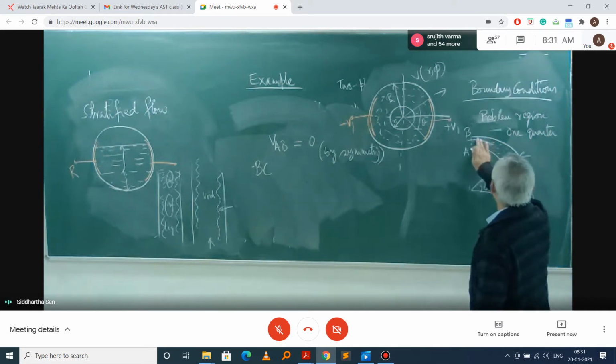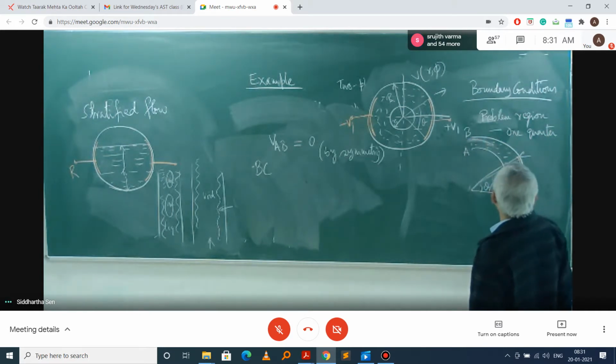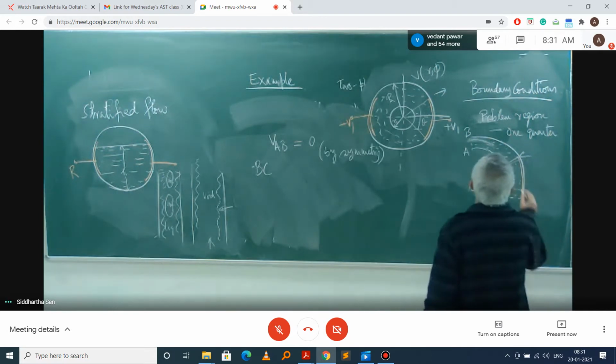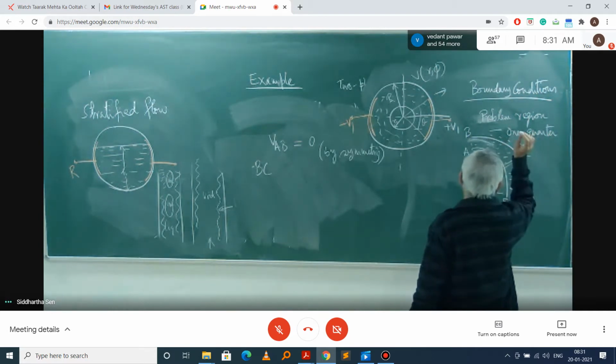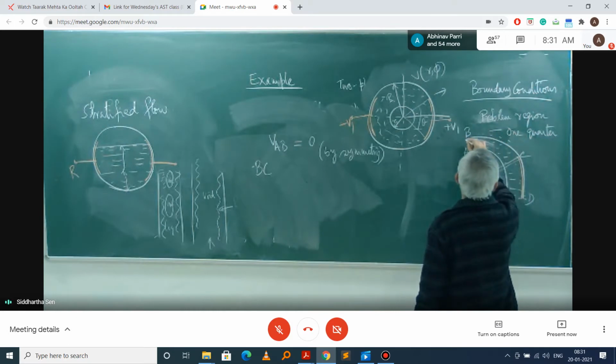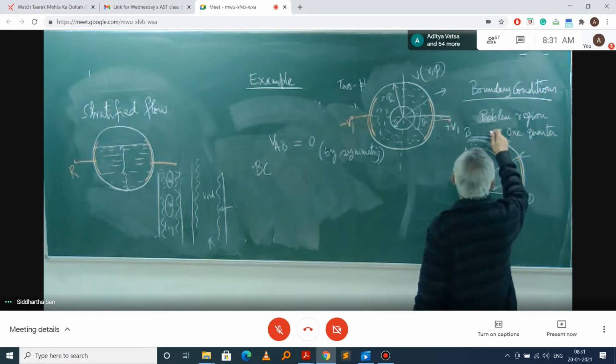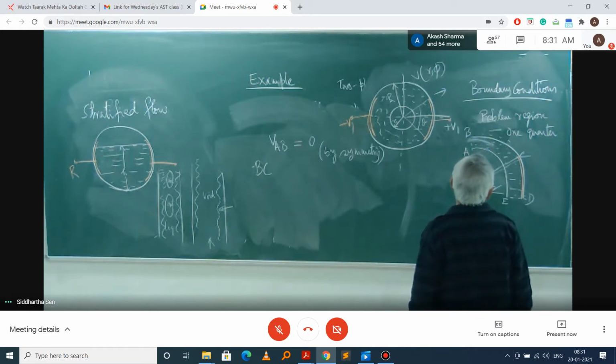No, sorry, I cannot put it that way. I will put it this way: first of all, there is no current outside. All the currents are contained in this one. If the current is not outside, that means the electric field is also not there.